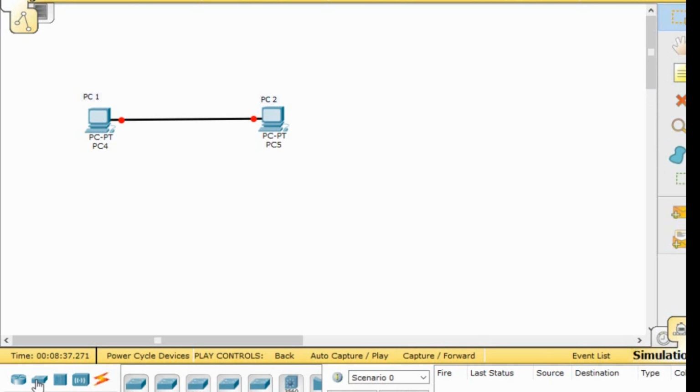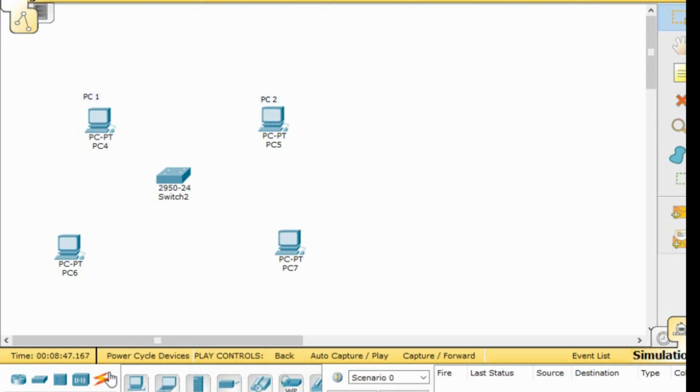If you ask, what about a switch? Okay, same thing. If you get the switch, and you get two computers here, and if I disconnect this cable and get a cable from here, and I connect from the switch's FastEthernet, this one, also this one.